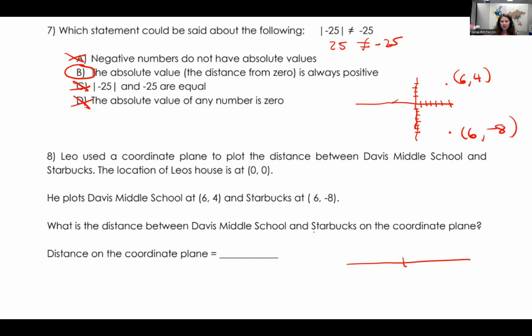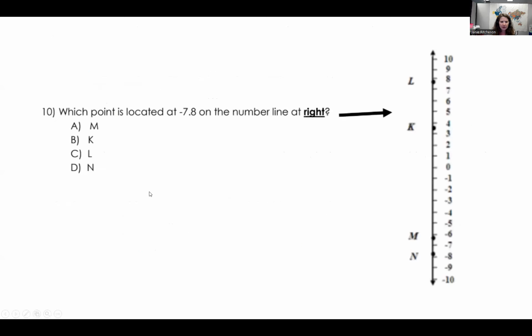What is the distance between Davis Middle School and Starbucks? All right, so we would go down 4 units to get to 0, and then 8 more units to get to Starbucks. So 4 plus 8 is 12 units. Okie dokie. All right, I think that's it.